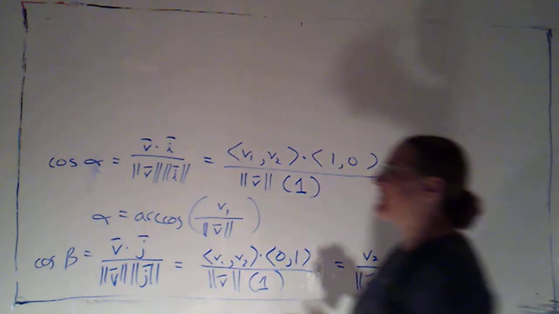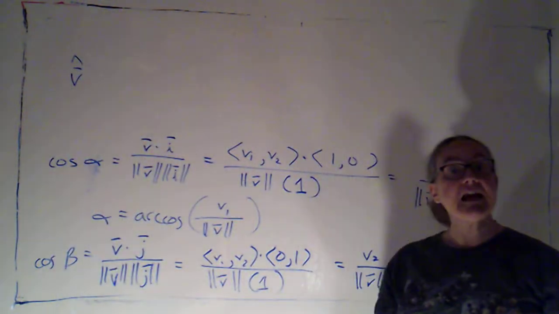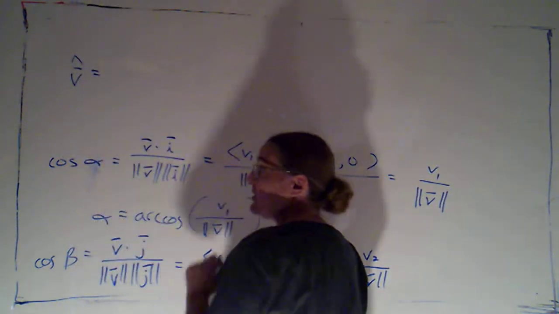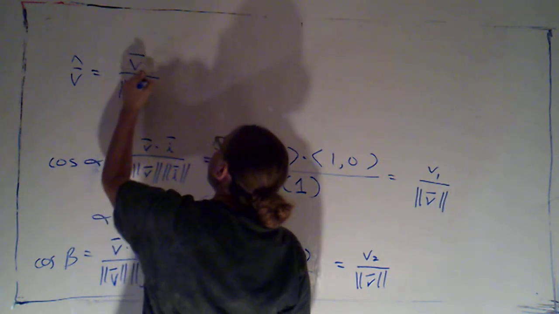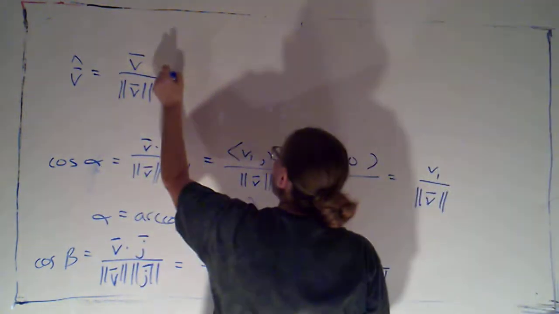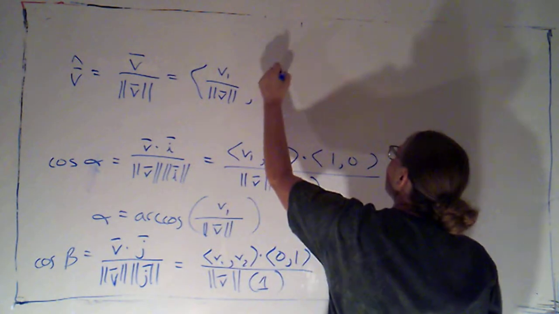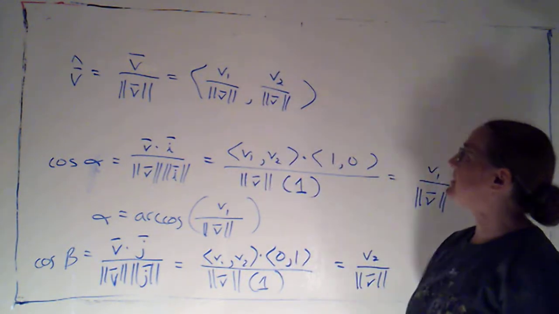Notice one thing that's very interesting is that if I look at V hat, that would be V normalized. Remember, that's defined to be, if V is non-zero, V scaled by the reciprocal of its magnitude. Well, that would end up being V1 over the magnitude of V, comma V2 over the magnitude of V, working with this same vector V in 2 space.